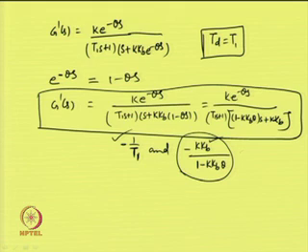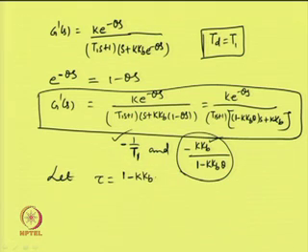That is possible when we choose a large value for this number, or when this becomes a large number. That means, now let tau equal to 1 minus k k b theta upon k k b.